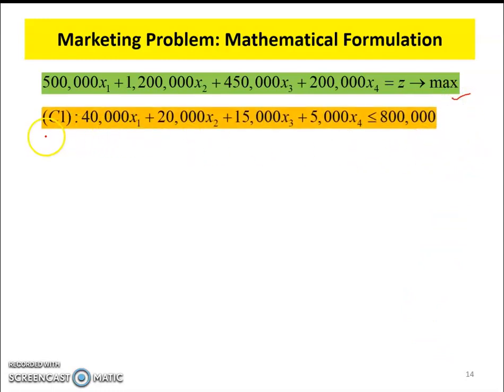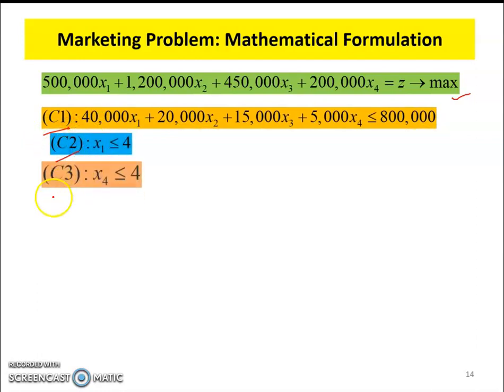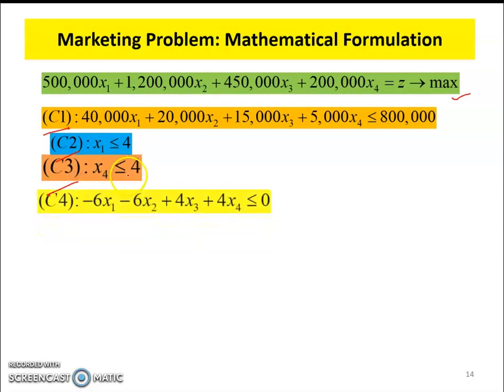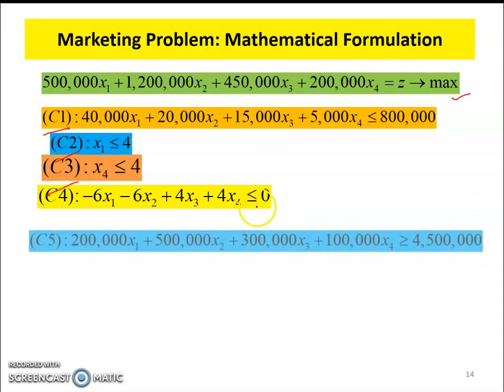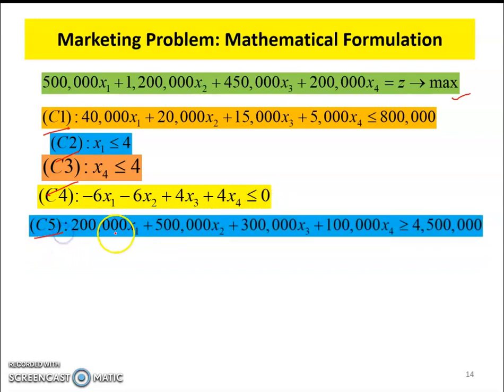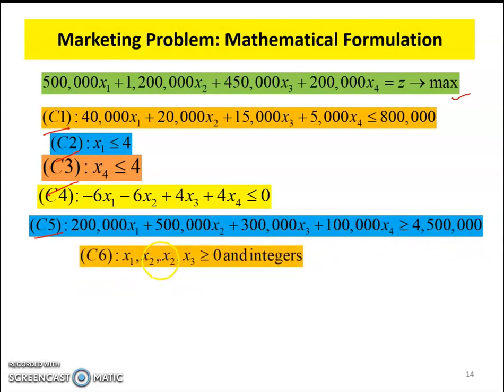Then we have constraint c1, then constraint c2, and then c3, x4 less than or equal to 4, and this is c4, minus 6x1 minus 6x2 plus 4x3 plus 4x4 less than or equal to 0, and we have the fifth constraint, 200,000 x1 plus 500,000 x2 plus 300,000 x3 plus 100,000 x4 greater than or equal to 4,500,000, and we have the last constraints as non-negativity constraints and integer constraints.